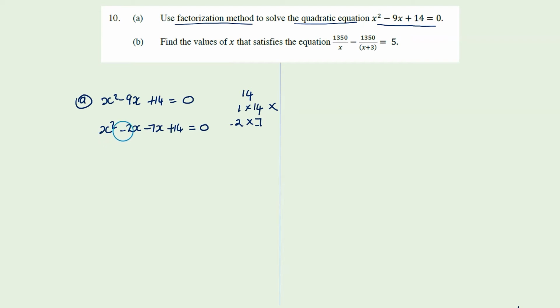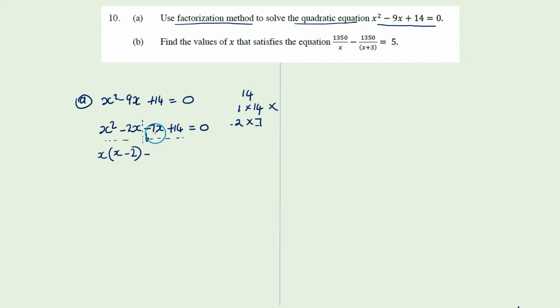Now I'm going to pretend there is a line there to separate those two, and I need to factorize this part and factorize this part and continue with my method. With this first part, the common factor is x, so I'm going to take x out and factorize it. So I'll have x times (x minus 2) here. And then I need to bring this sign down, so it's negative.